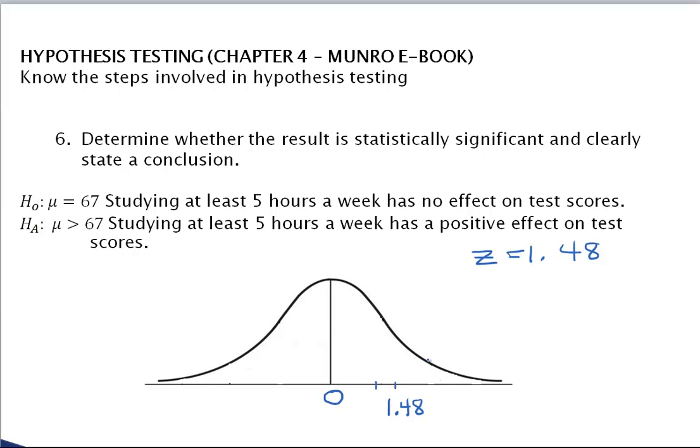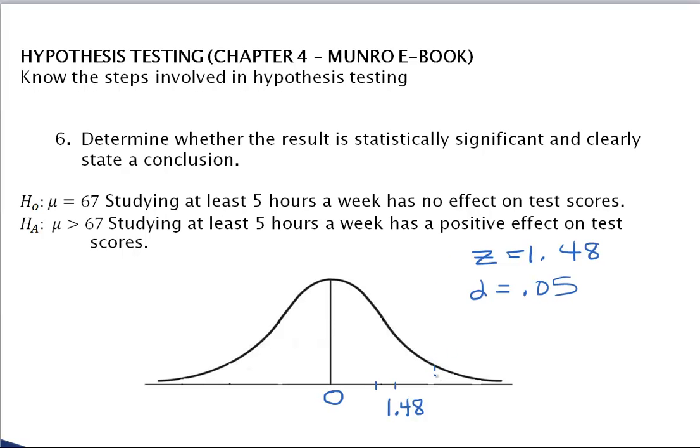And then I also know that my rejection region, or level of significance, is 0.05, and that is in the right tail, because we're only concerned with having a positive effect, or the scores above 67.